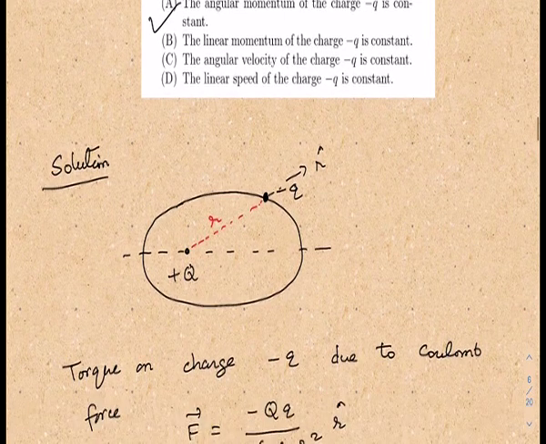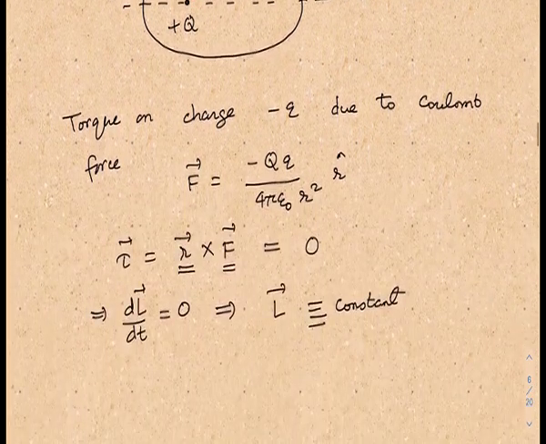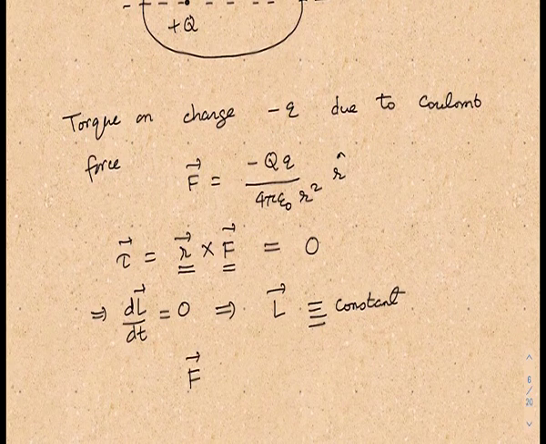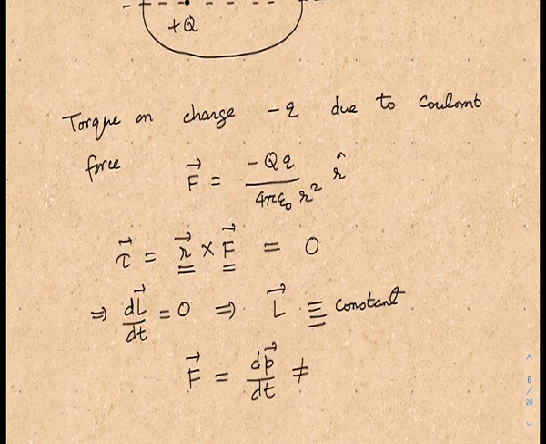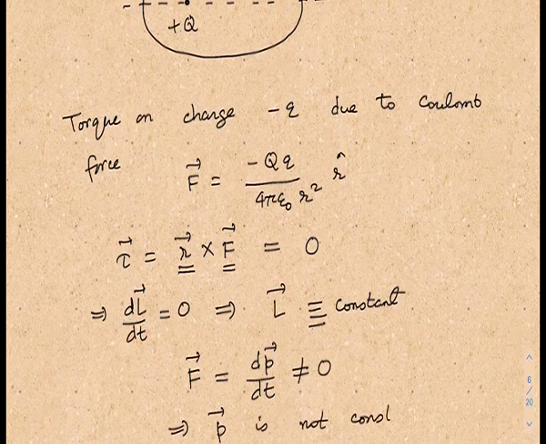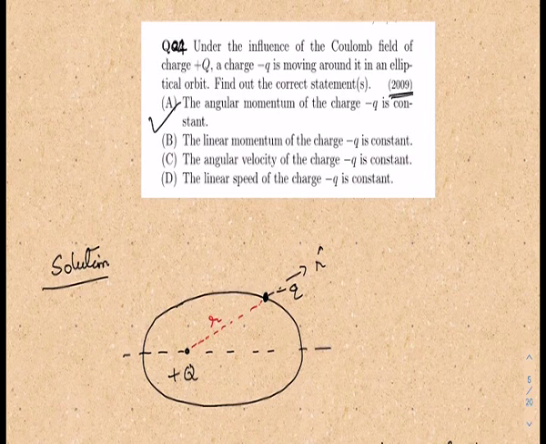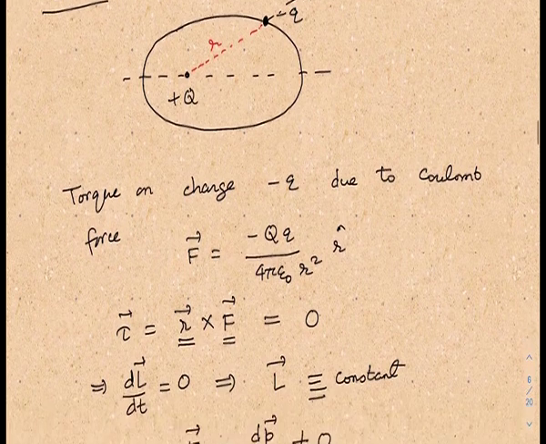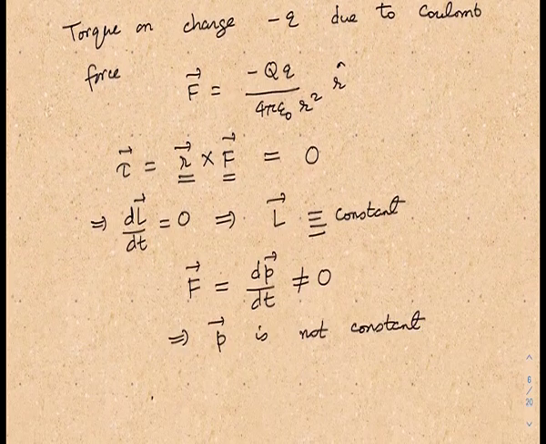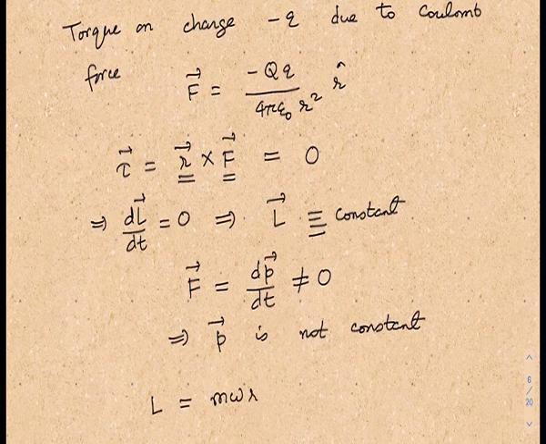Now what about the linear momentum? Is it constant? You can see that force is the rate of change of linear momentum, right? And force is not zero, so therefore P is not constant. So option B is not correct. What about the angular velocity? Now angular momentum is constant, and you know that it is m omega r square.